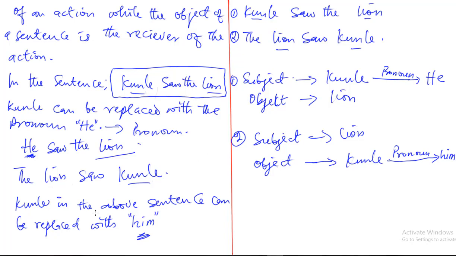So in the second sentence we can say "the lion saw him." We can't say "the lion saw he." Can we? We can't. So we use him. And I know it's now clear. It's clearer than it was before.